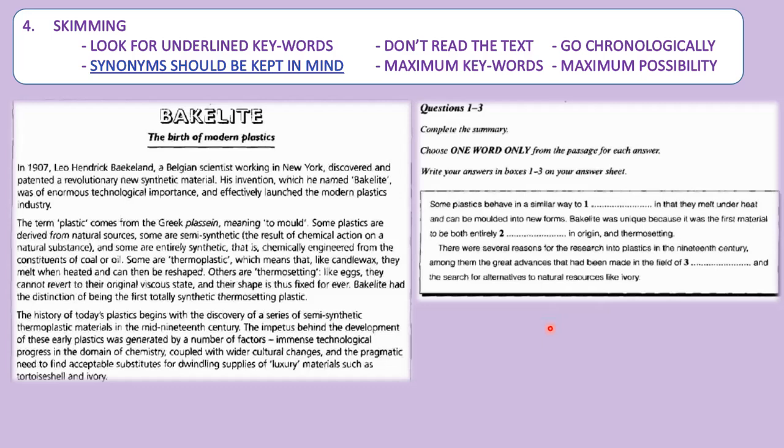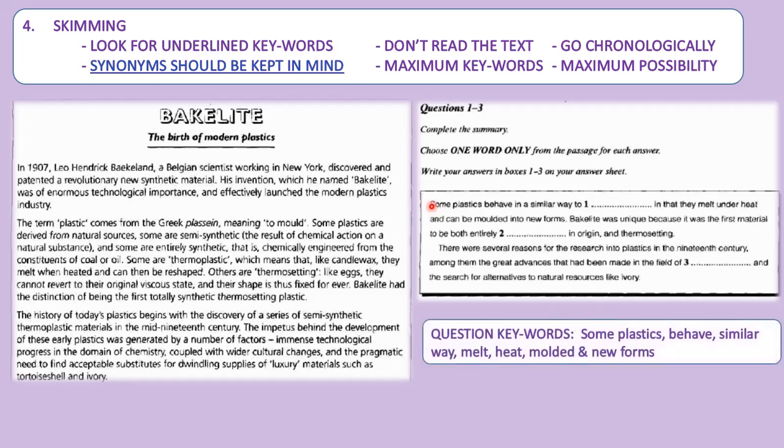So we have to look for the underlined keywords, the keywords that we have already underlined here. We have to find these keywords in this entire passage. Wait, hold on. Before you start finding these keywords in the passage, I want you to understand a few things so that you don't make mistakes.